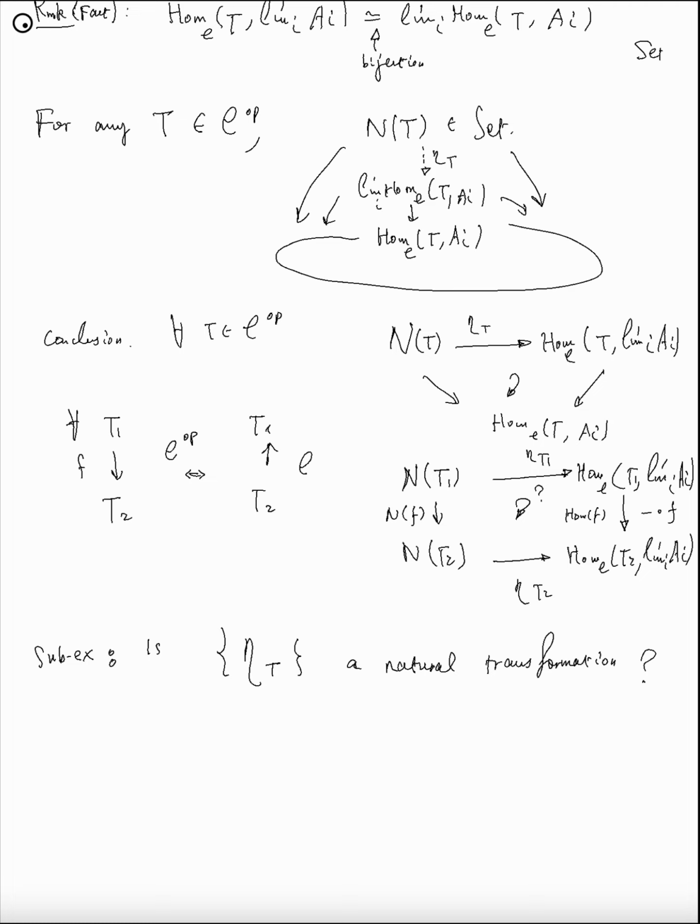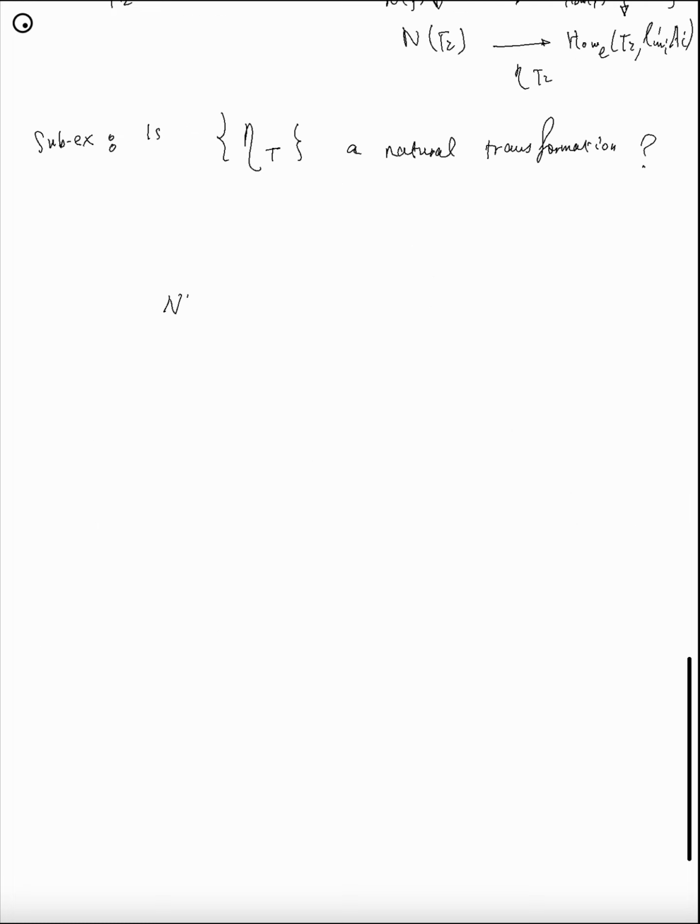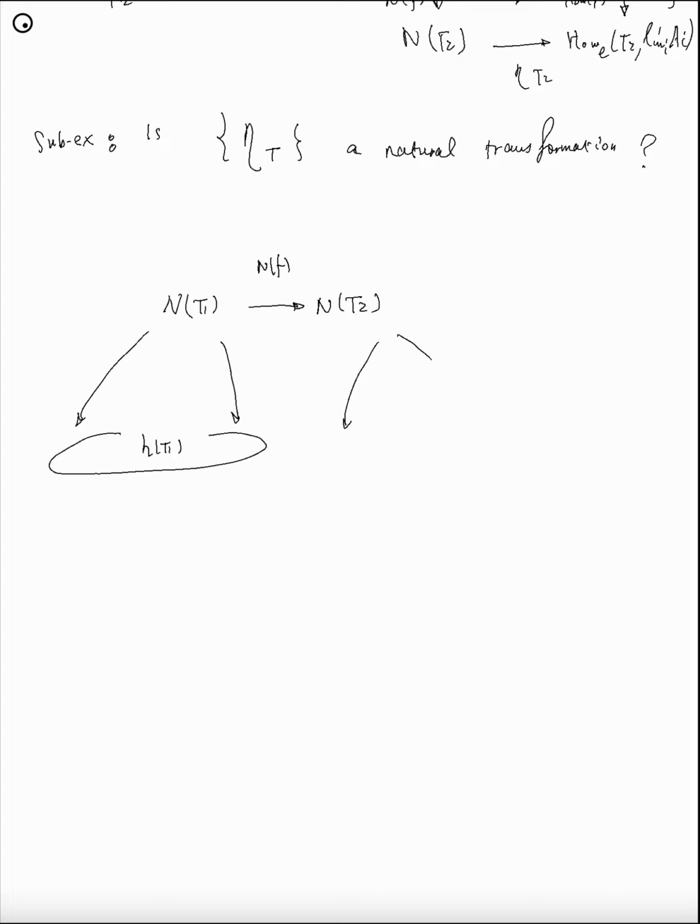What I want to say is, what was in my mind is that if you have T1, T2 and F, you still have a commutative diagram, because our N is given as a cone factor, which means here you map Hom of T1, a diagram, here's a cone, to Hom of T2, diagram.